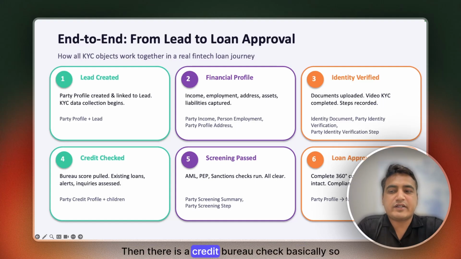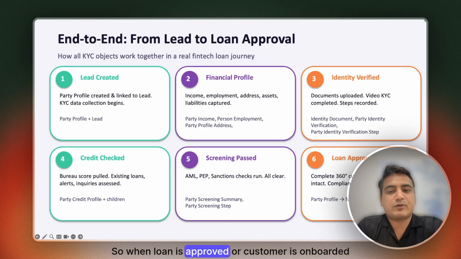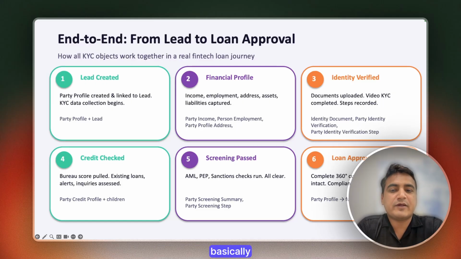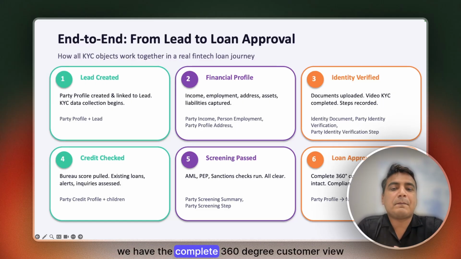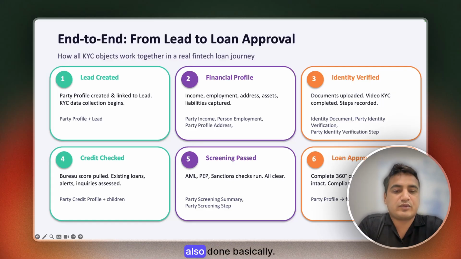Then there is a credit bureau check, so we have party credit profile and the related objects. Then we have screening related objects, and then finally, is the loan approved. When the loan is approved or the customer is onboarded, we have the complete 360-degree customer view, the audit trail is intact, and compliance is also done.